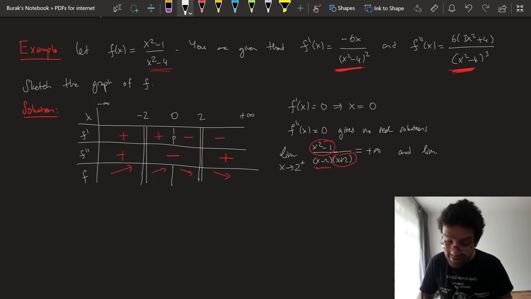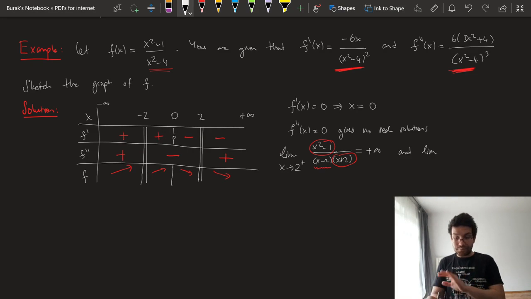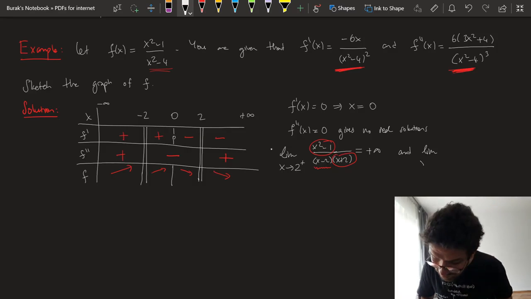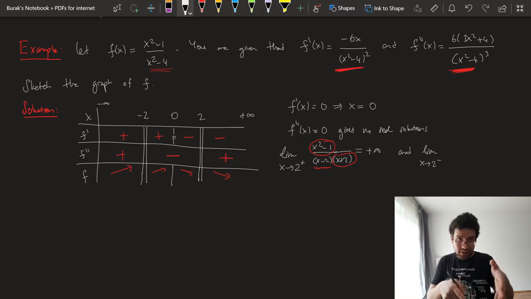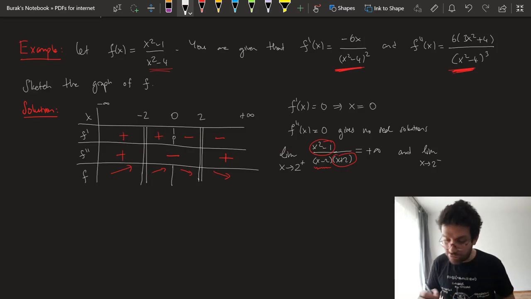Now this by itself guarantees that there is a vertical asymptote at 2. But I also need to check the left limit because in a couple of minutes I'm going to sketch the graph of this.